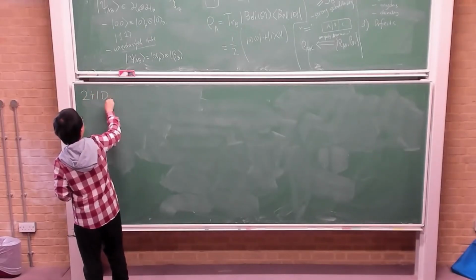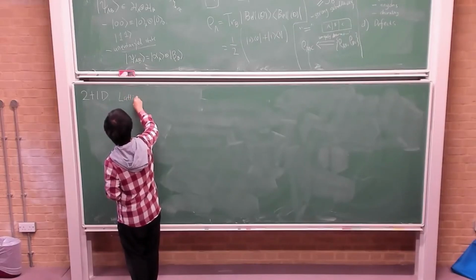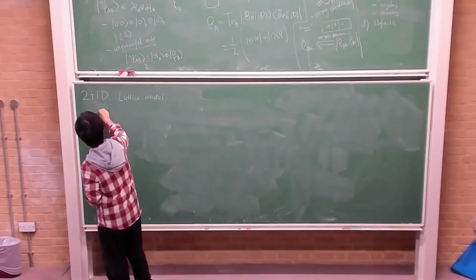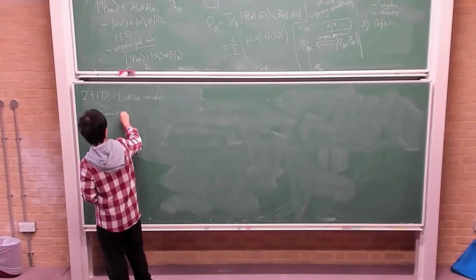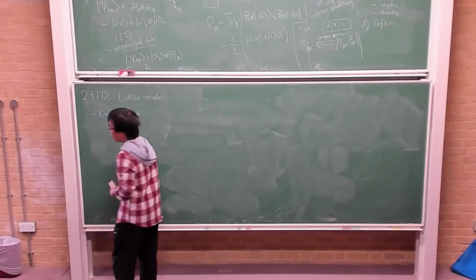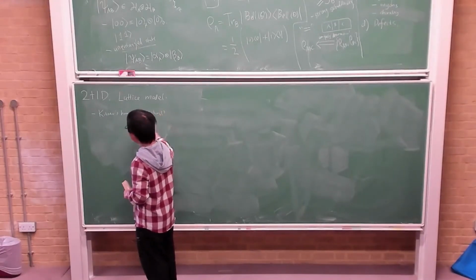So a 2+1D lattice model. Well, I already mentioned one by Kitaev's type on the Pope. This one is chiral, which is harder to understand.